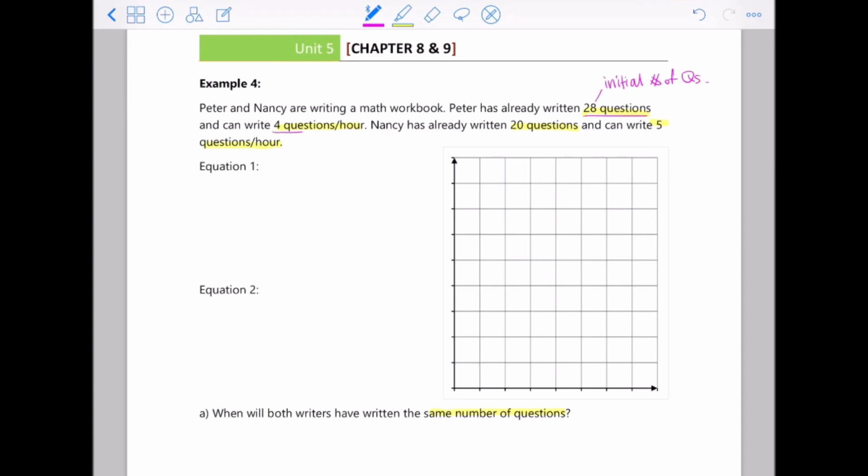And this one, he can write 4 questions per hour, and this is the rate. Same idea for the second line for Nancy. So 20 questions where she starts, so initial. And she can write 5 questions per hour, so this is the rate.